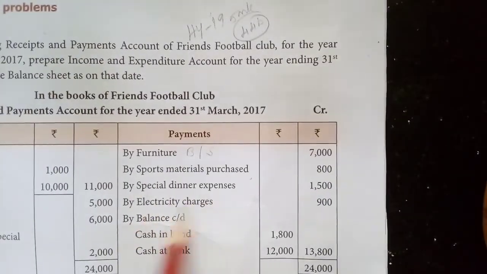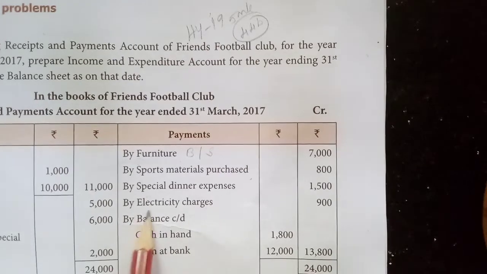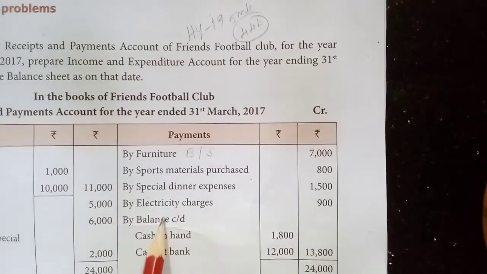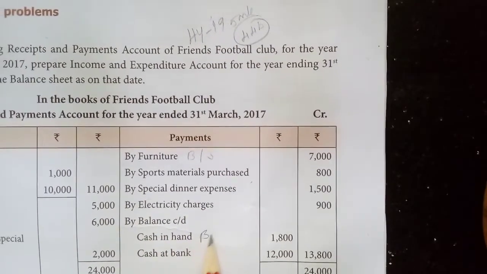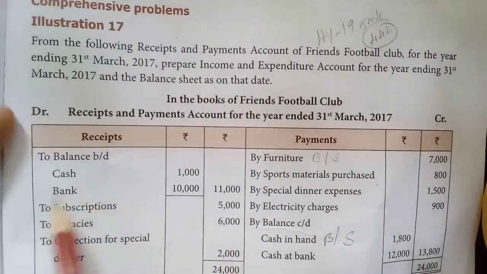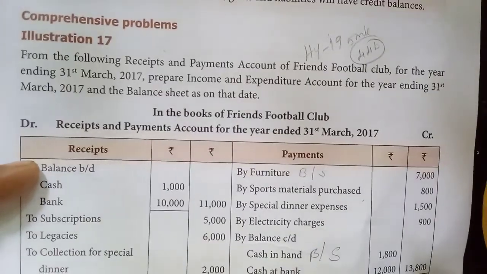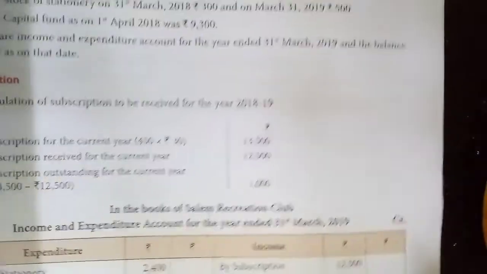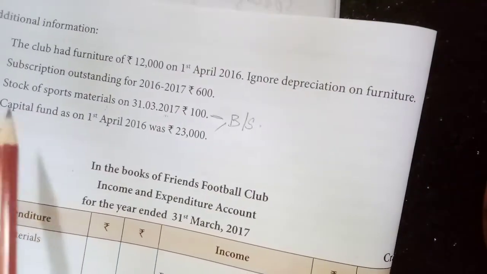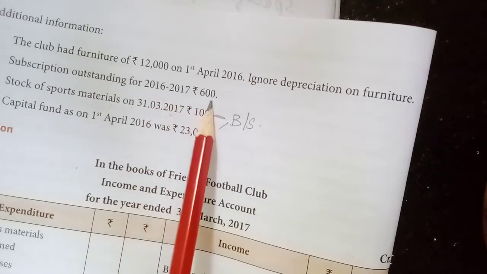Special dinner expenses, that is an expenditure. Electricity charges is an expenditure. These two will be in the income and expenditure account. Then the receipt side, the other side, the income side. Subscription 5,000. We should see what is the additional information. Subscription outstanding for the year 2016-17 is 600.